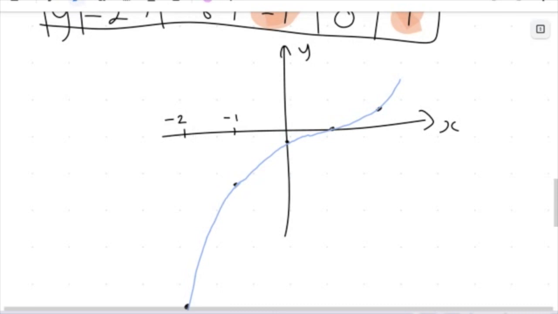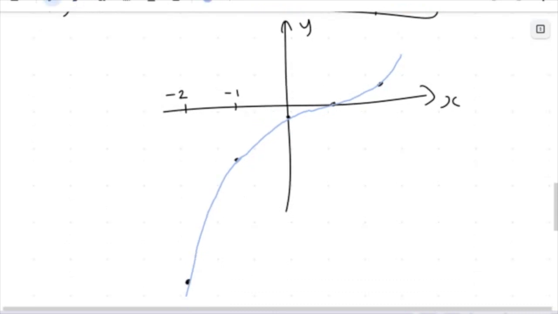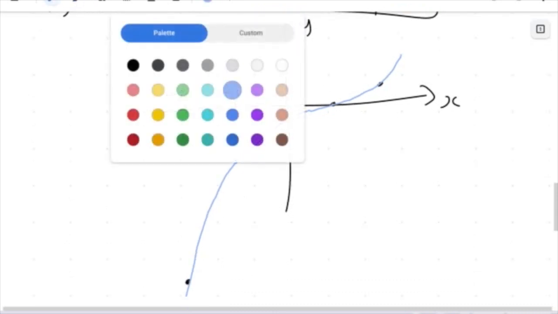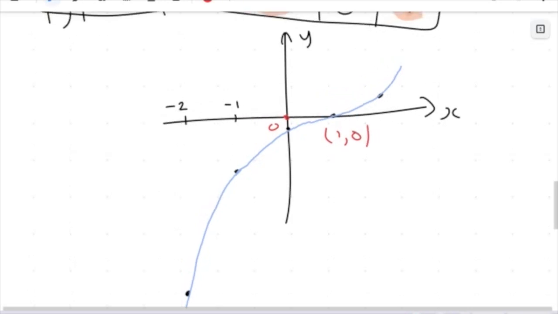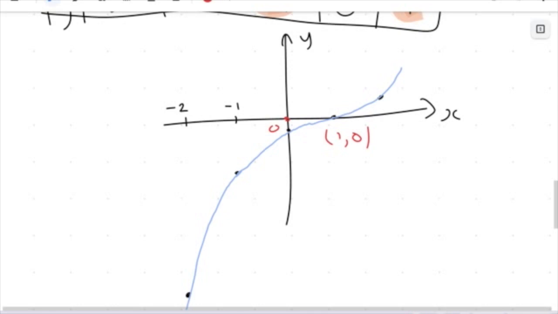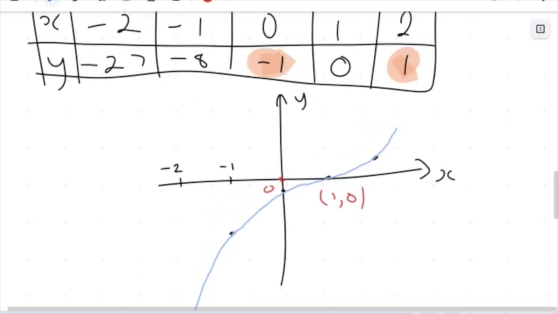So we can see that this cubic looks like it's been shifted from the origin over 1 unit to the right, because now its point of inflection is the coordinate of 1 in x and 0 in y. So in essence, I have made a horizontal shift.